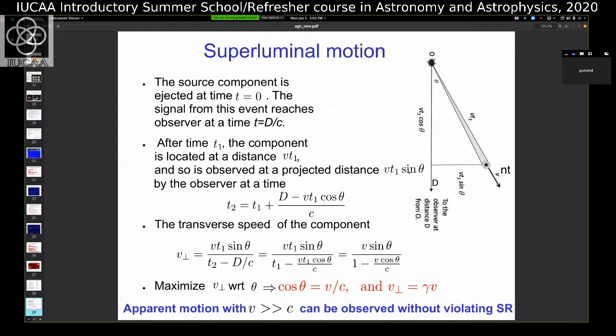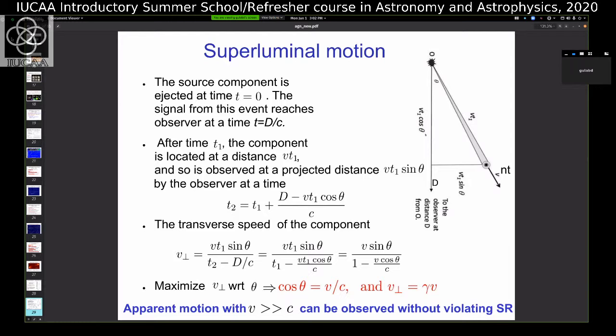So the information that the blob has reached a projected distance of v t1 sine theta is observed by an observer at a time t2, that is t1 plus the light travel time, because after time t1 this blob travels this distance v t1, and the information from this blob reaches the observer over a distance d minus v t1 cos theta, since v t1 cos theta is the distance projected along the line of sight.